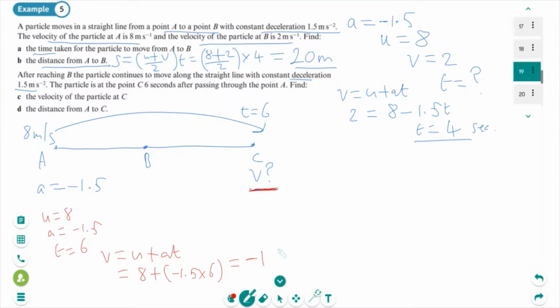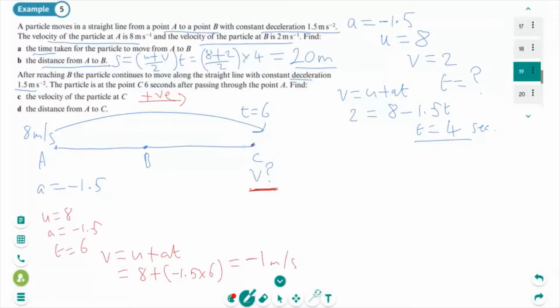What that tells you is that the direction of motion has changed. The particle is moving from A to C, so we've taken this direction as positive. But because the velocity at C is minus 1 meters per second, the particle at C has actually switched direction. So the object at C is now moving in the opposite direction.